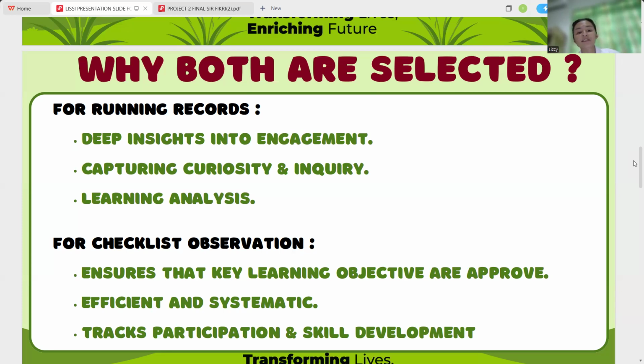For the checklist, the explanation is to ensure that key learning objectives are achieved, meaning that during the activities the children have to do, the objective they are working toward is achieved. It is efficient and systematic, and tracks participation and skill development.